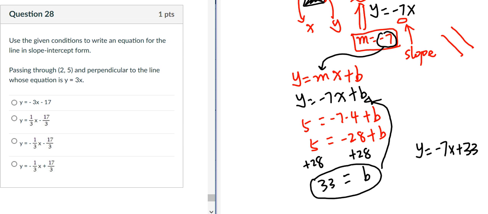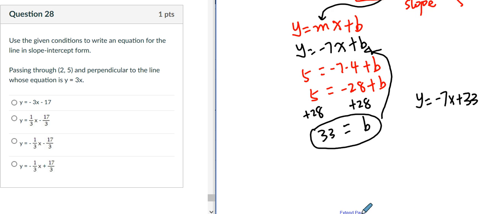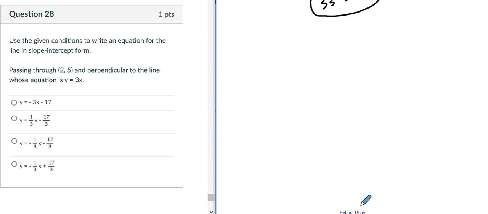Now, the last one, number 28. We want to use the given condition to write the equation for the line in slope-intercept form.